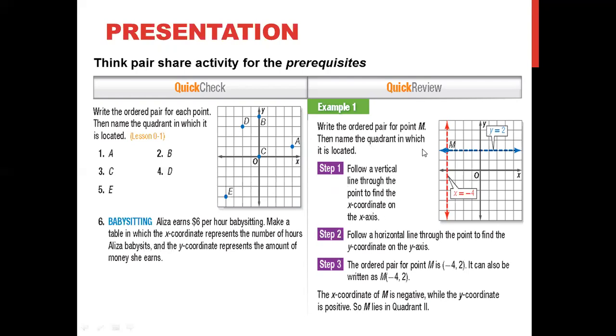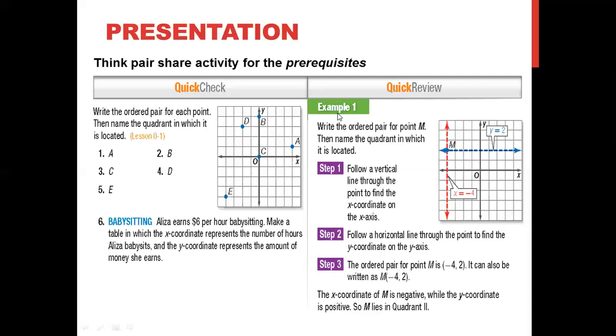I will show them an example of how to locate points on the coordinate plane using the x-axis and y-axis. They can find the location of the point. It's easy for them, they studied this in grades 6, 7, and 8.